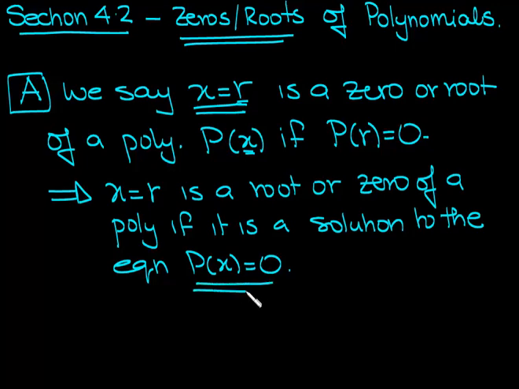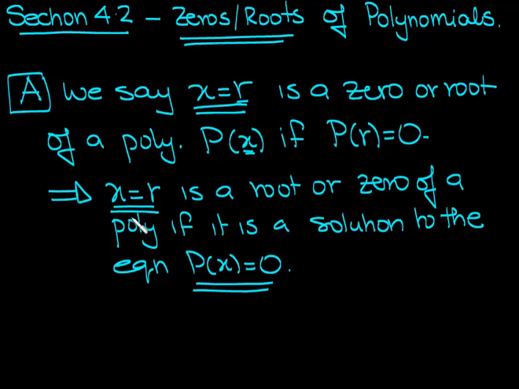If I solve this equation and one of the answers becomes x is equal to r, then r is the zero or the root of the polynomial. This terminology is going to be useful for us in the next couple sections, so we need to make sure we understand it.